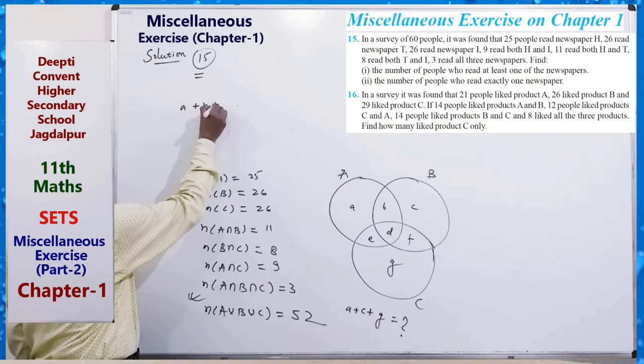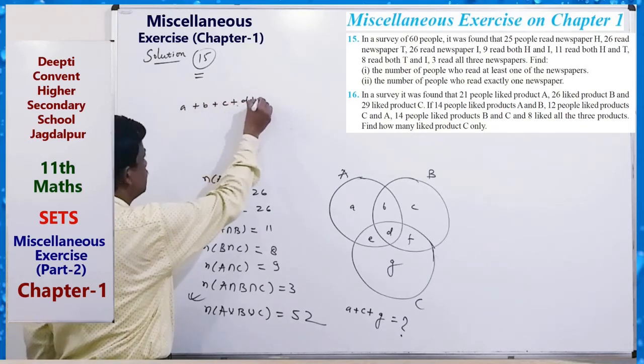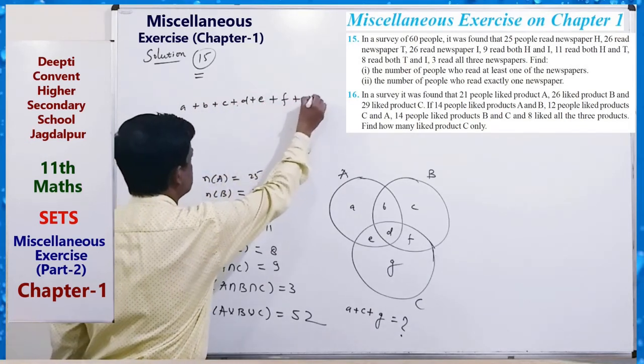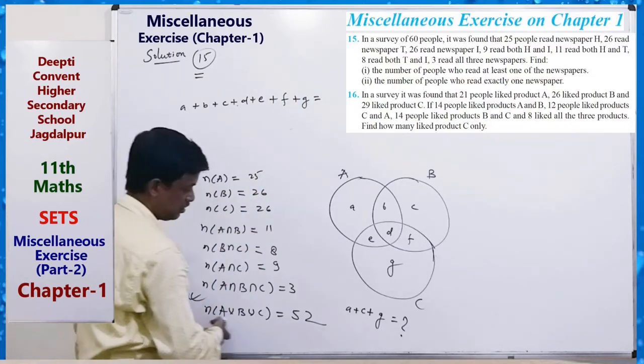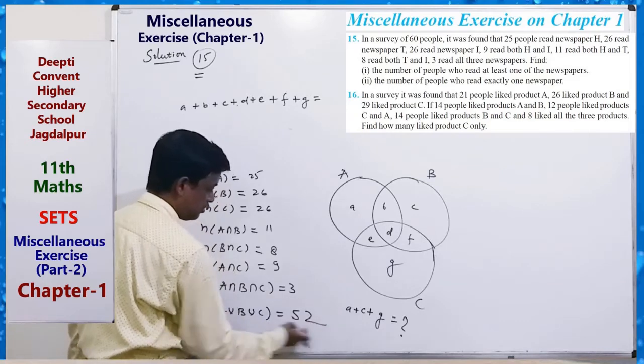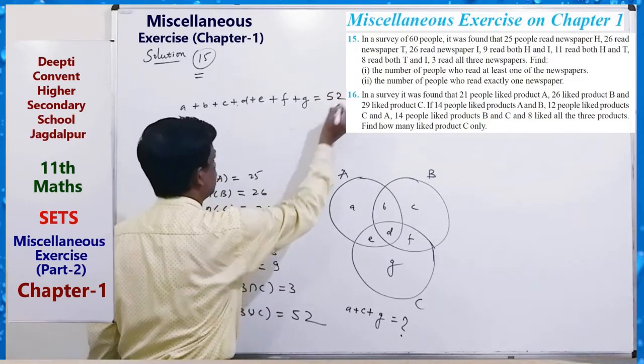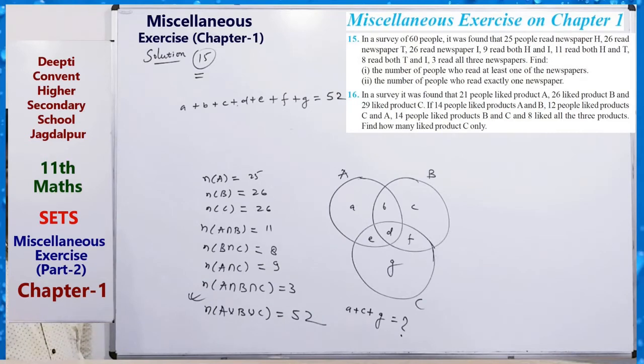A plus B plus C plus D plus E plus F plus G is equal to the total given, 52.